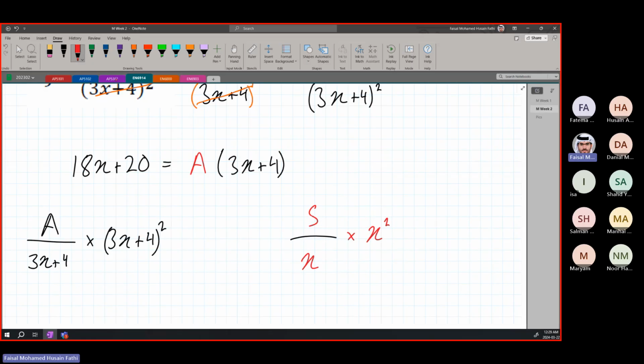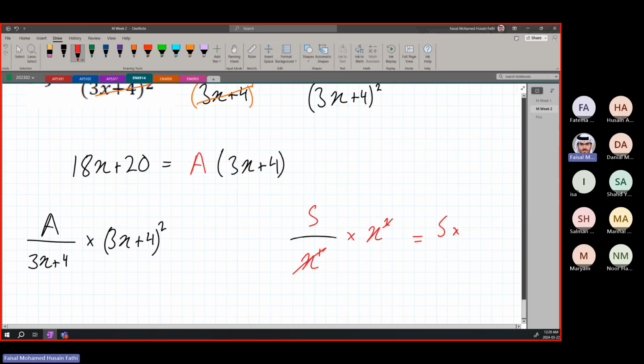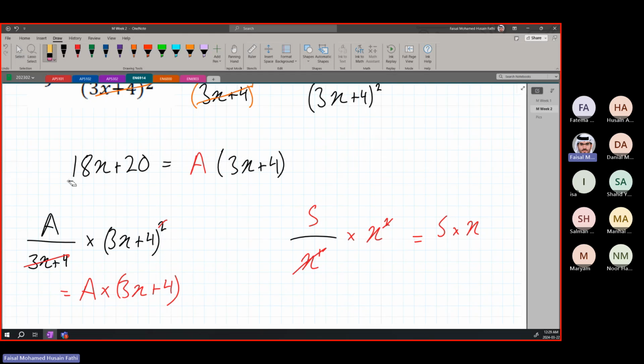This x squared is going to be 2 minus 1. So the square will be cancelled with the x completely, and we will be left with s times x in the top. This is exactly what we are doing here. So this is going to be a times, the square cancelling with 3x plus 4, 3x plus 4. So no confusion, okay? This is math 1 knowledge.